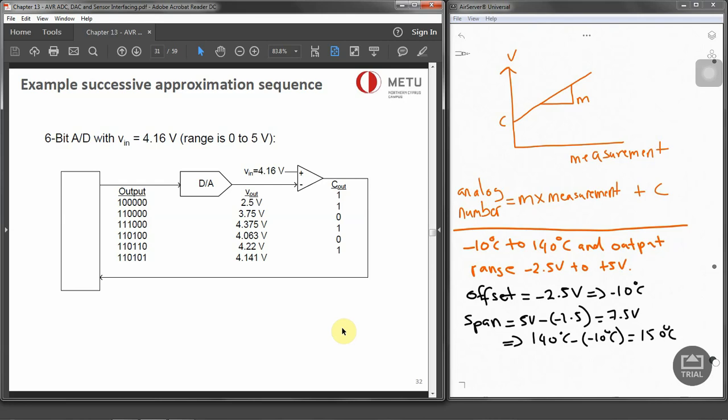So 7.5 volts is equivalent to the 150 degrees Celsius span.